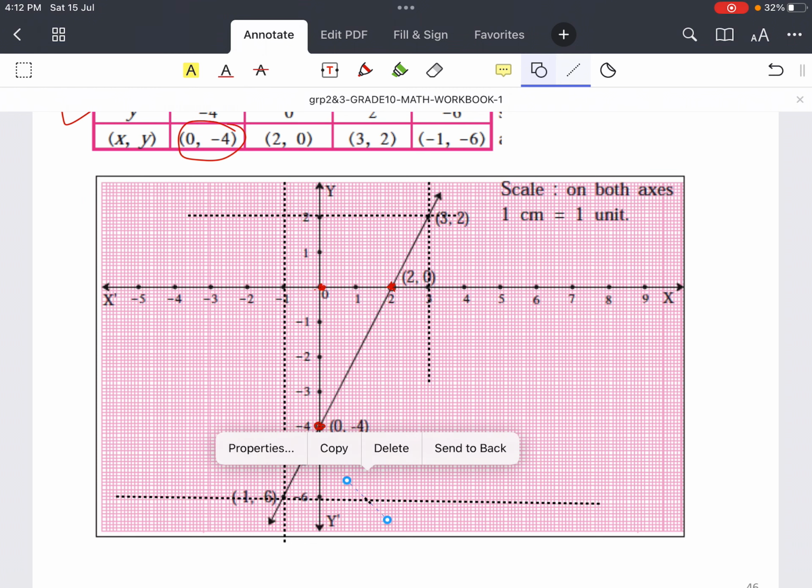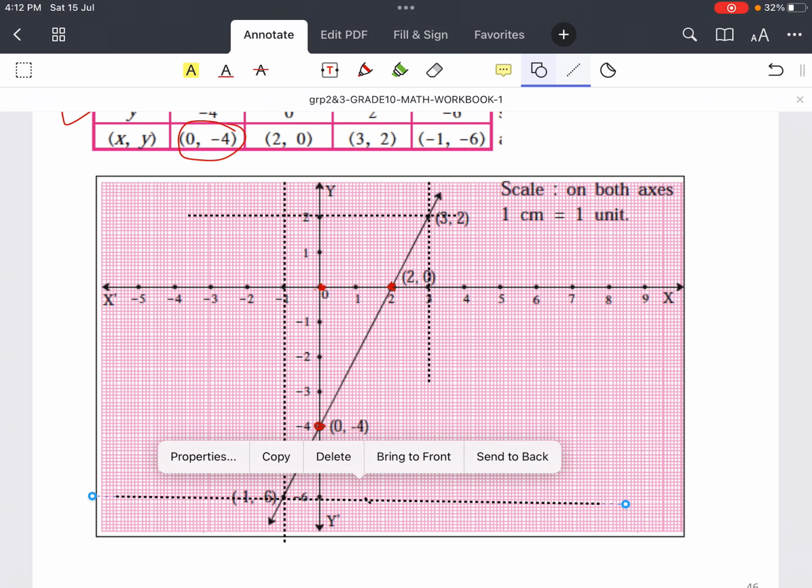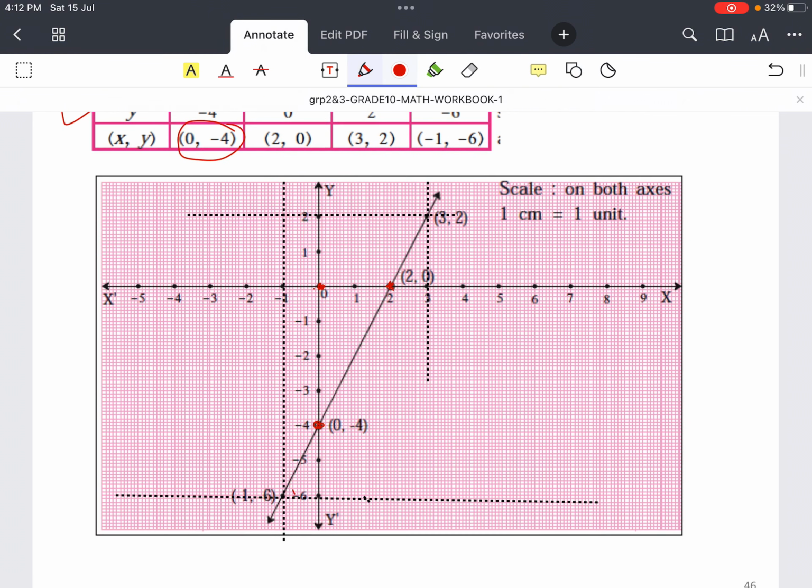When these two dotted lines intersect with each other, that point is minus 1, minus 6. Now at last what we have to do is draw a line to join all the points. This is the graph for the given equation.